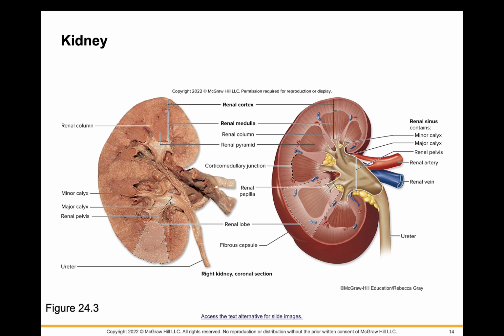Now here we can actually see the structures that were just addressed, and I'm going to do a review here. So what's been highlighted is an actual lobe. We can see that is containing both the cortex and the medullary region, and here's a pyramid. We can see the renal pelvis here, and remember this is where major calyces will funnel into. Here we have the major calyx, and here we have the minor calyx.